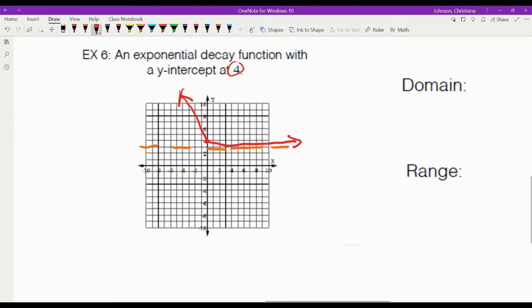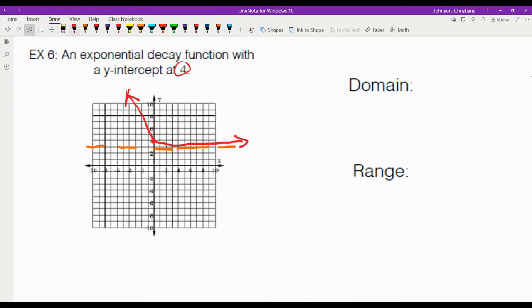That doesn't really affect our domain or range, but it does affect what the graph looks like. So again, all real numbers for our domain. And this time we have y is greater than 4. So it's falling down. Okay, that's it.